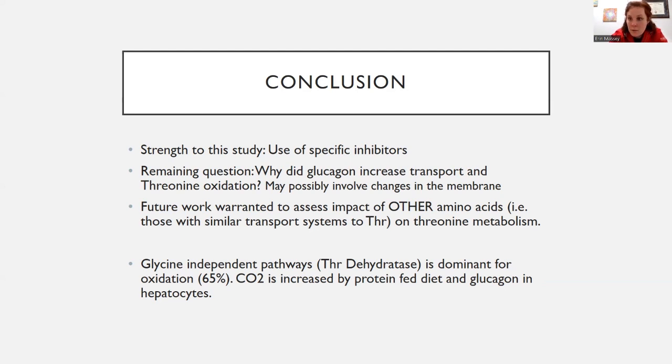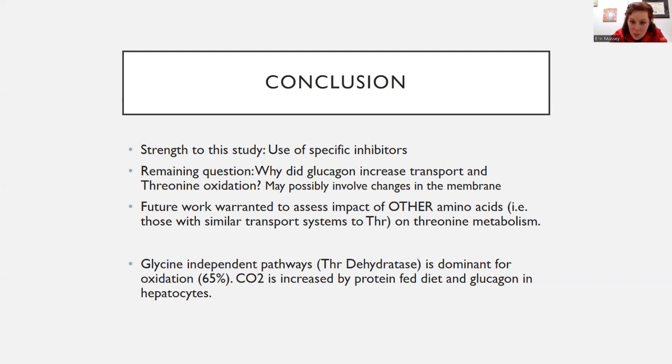The final takeaway for me from this was that glycine-independent pathways, or dehydratase, your glucogenic pathway, is dominant for oxidation of threonine, 65%. And then oxidation is increased by protein-fed diet and glucagon in liver cells. So I'm going to go over that again.